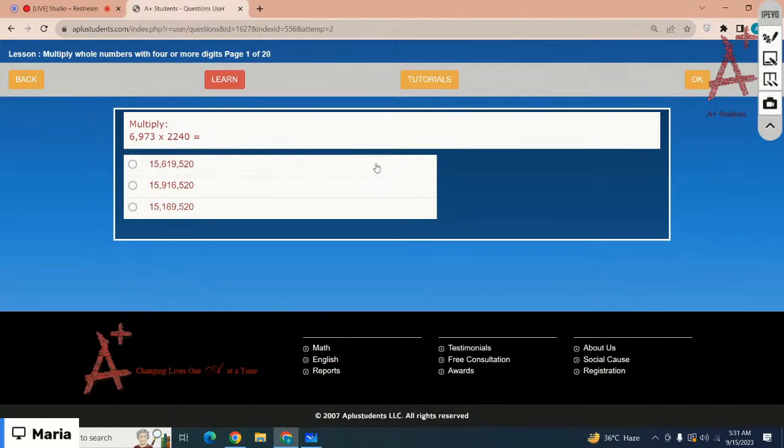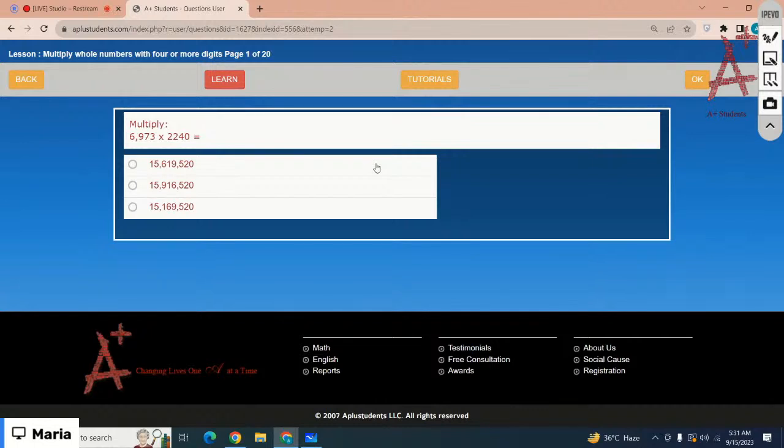So which is the correct option? You can take your time, just multiply and then write down the answer. I know that's a bit long question.